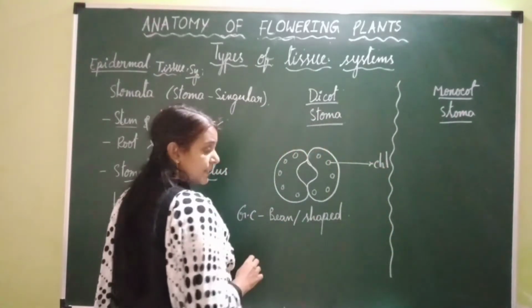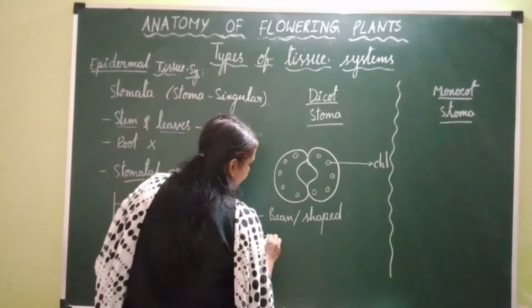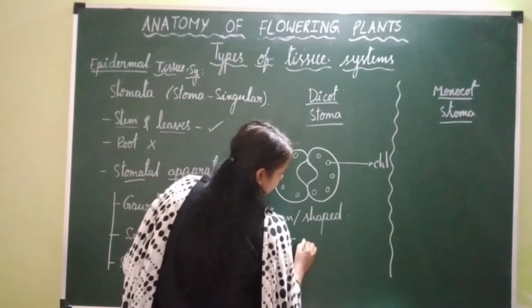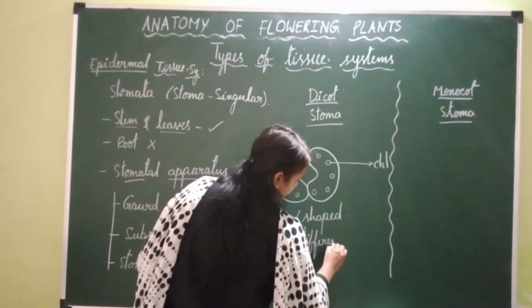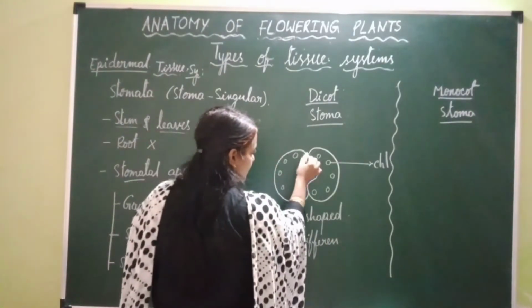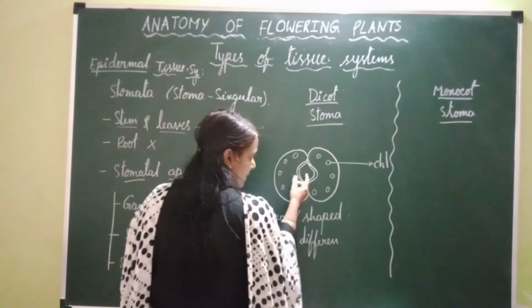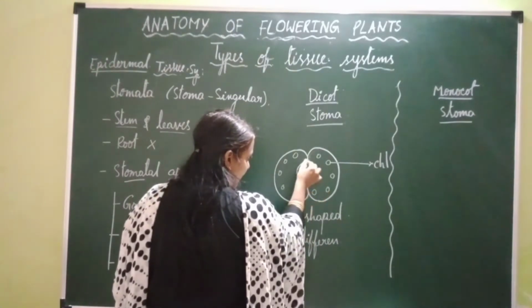Okay, and the cell walls of these guard cells are differentially thickened. Differentially thickened means towards the outer side the cell wall is thin, and towards the inner side of the guard cell, that is towards the stomatal aperture, the stomatal pore, the cell wall is thick.